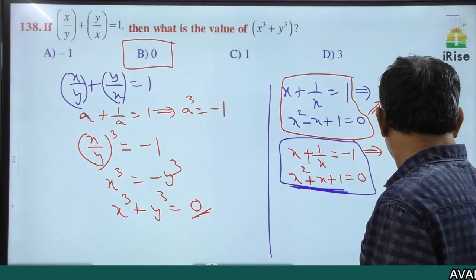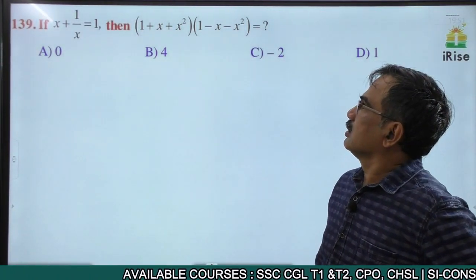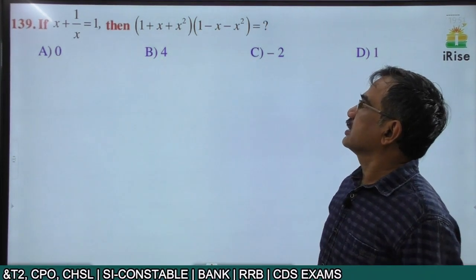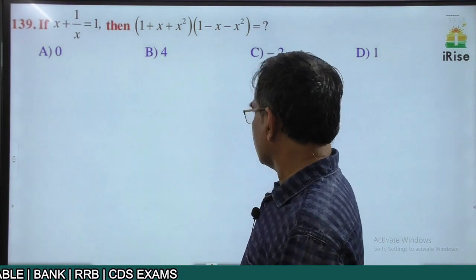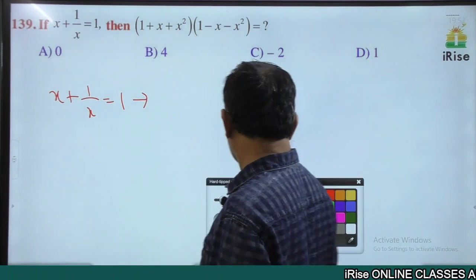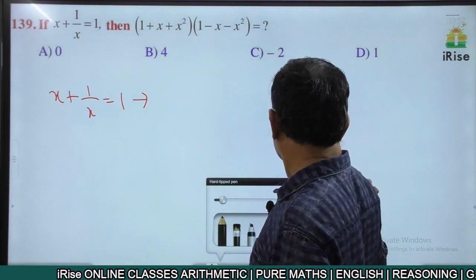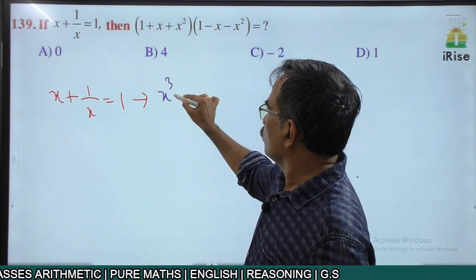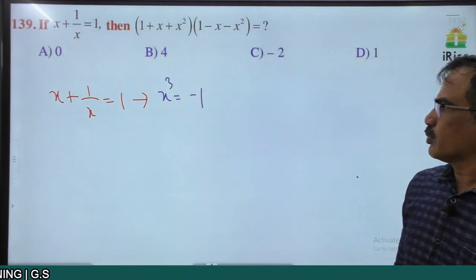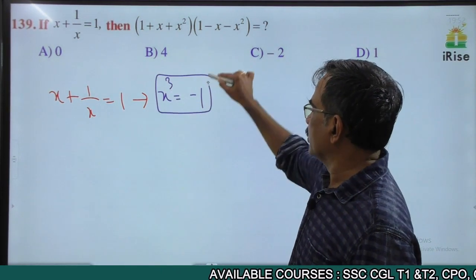Next question. If x plus 1 by x is 1, then what is 1 plus x square into 1 minus x square? Same model question. If x plus 1 by x is equal to 1 is given, the conclusion is x cube is equal to minus 1.